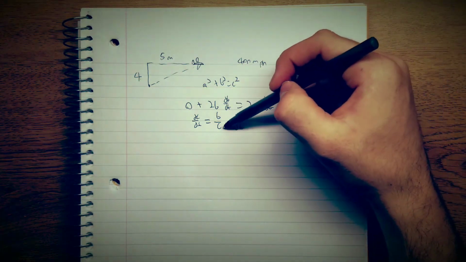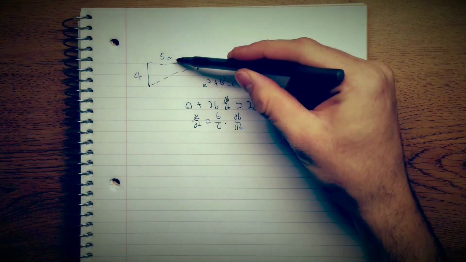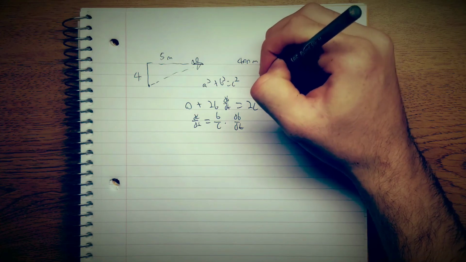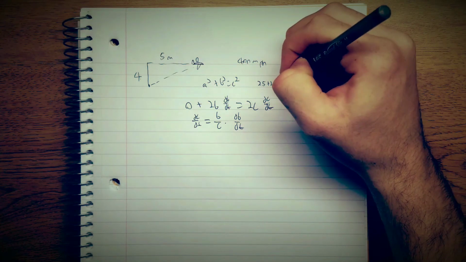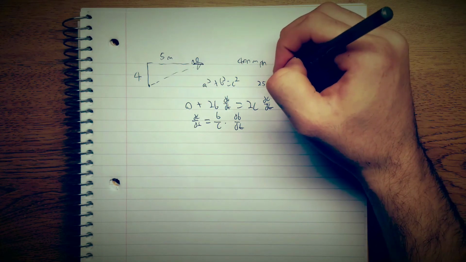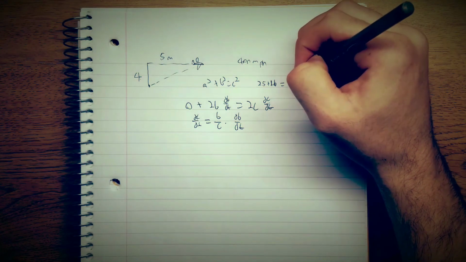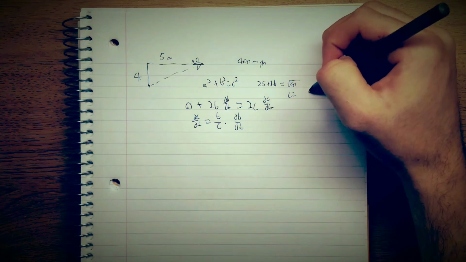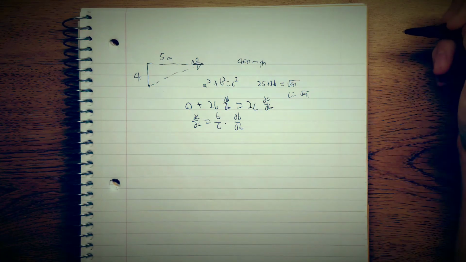Now we can find c based on the Pythagorean theorem. We know that 25 plus 16 equals 41, so c equals the square root of 41.